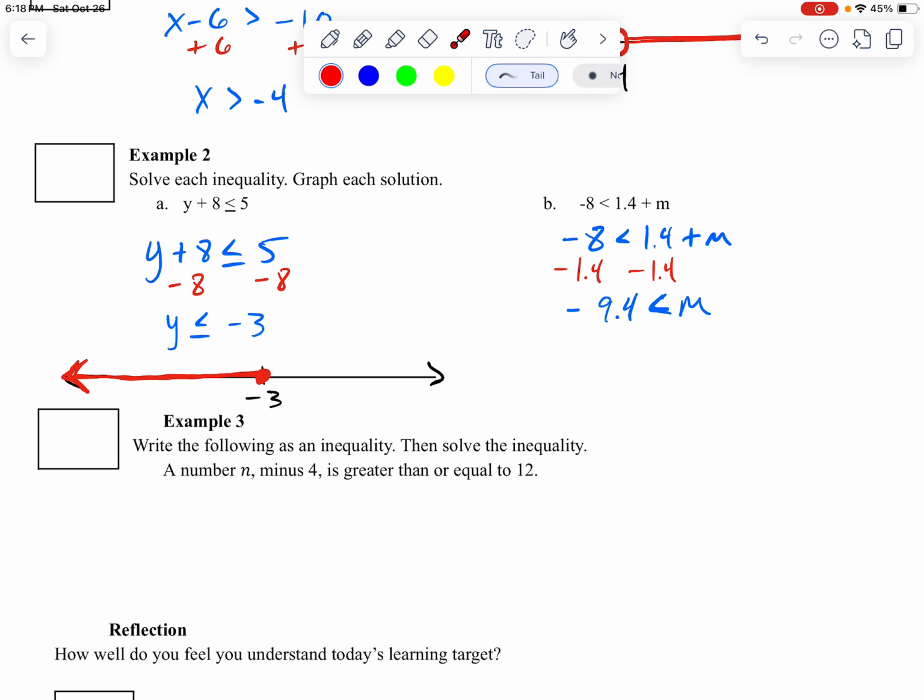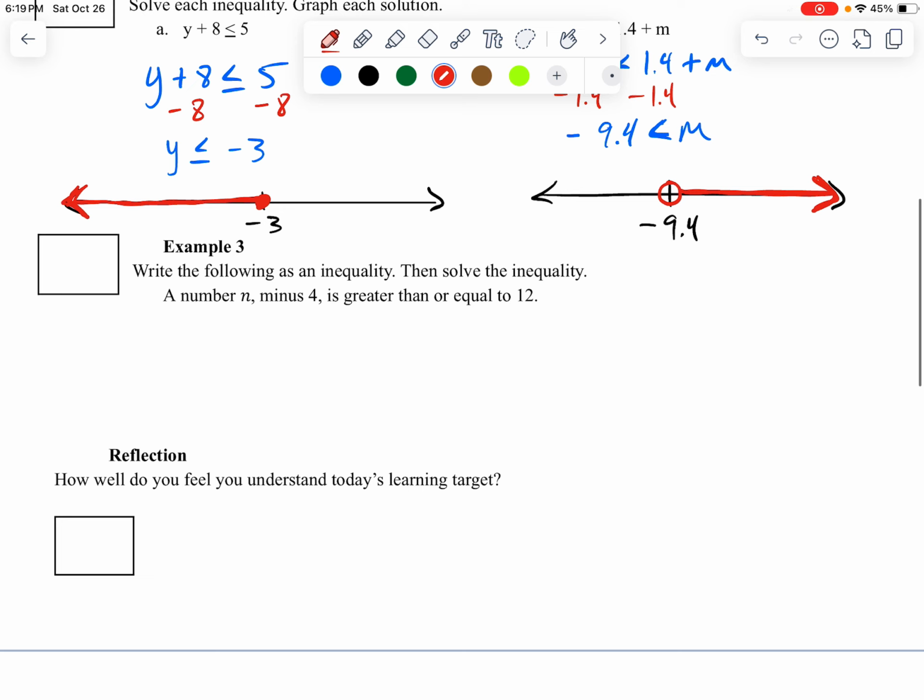But when I'm thinking about the solution set, I'm always going to think of it as m is greater than -9.4. So when I graph this then, I've got -9.4, and m is all of those values greater than it, but not equal to. So our solution set would look like this.